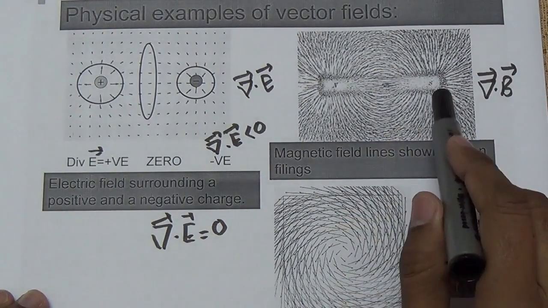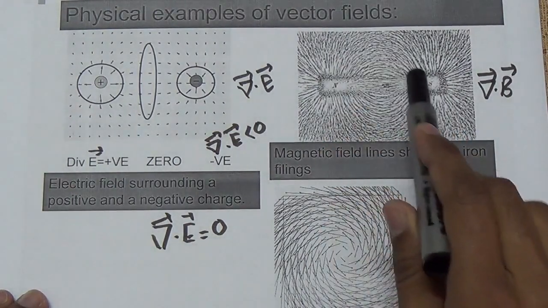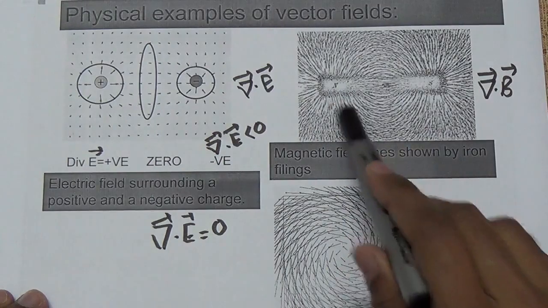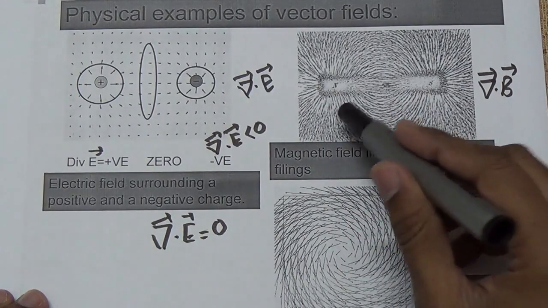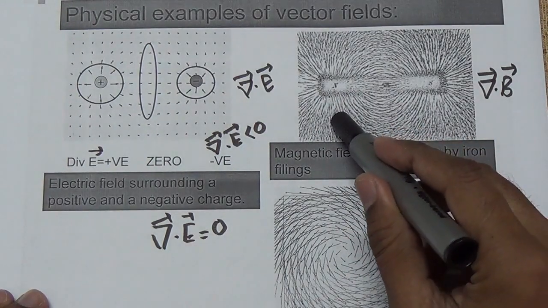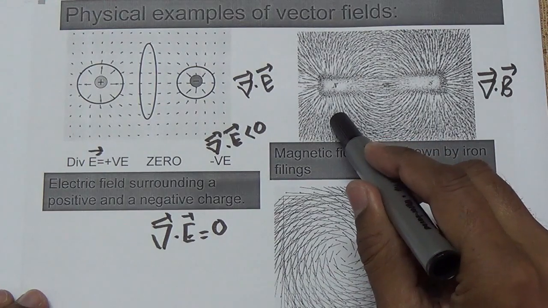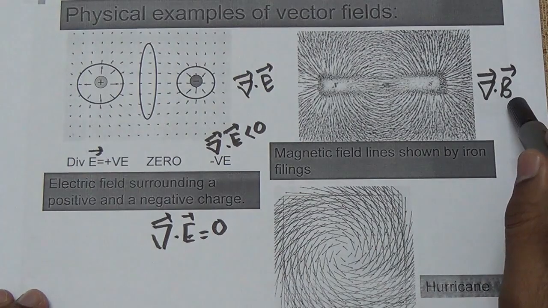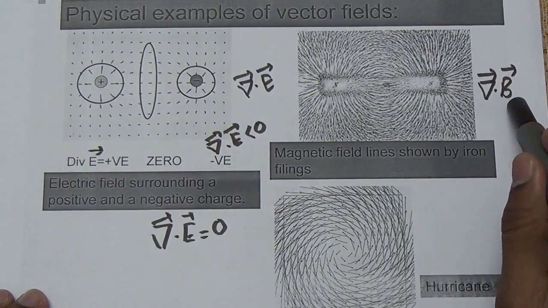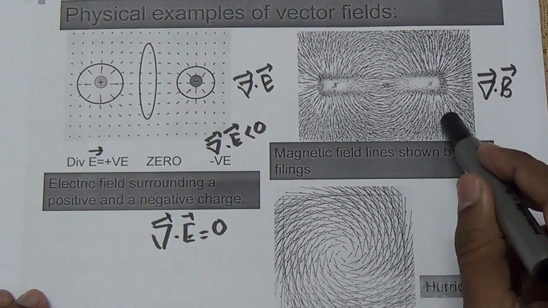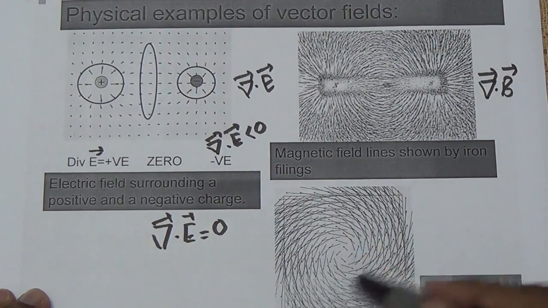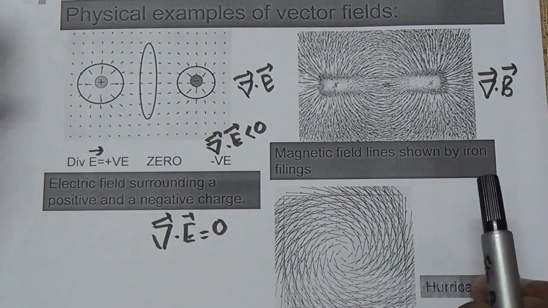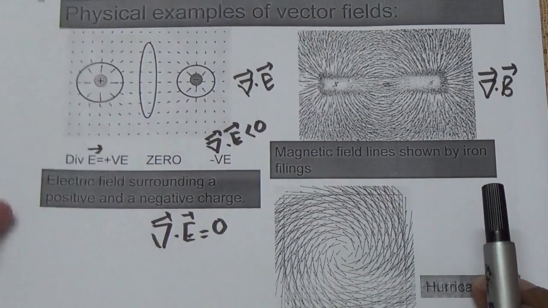Here this is the north pole, this is the south pole, and these are the magnetic field lines. So we can measure at any point the direction, the nature of the magnetic field lines and the magnitude with the help of this mathematical process, by taking the divergence of that field. This is an example of a hurricane. We will see it in the curl.